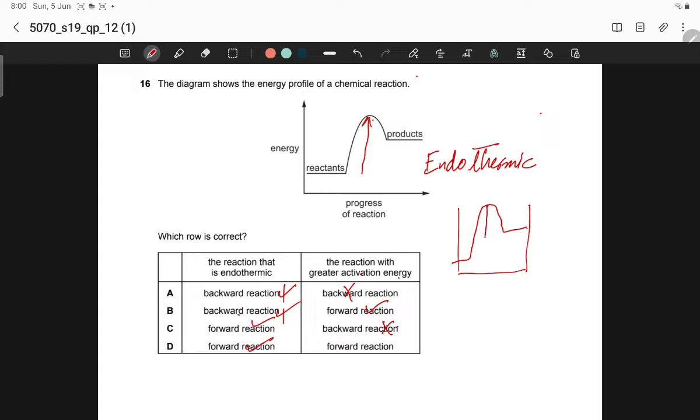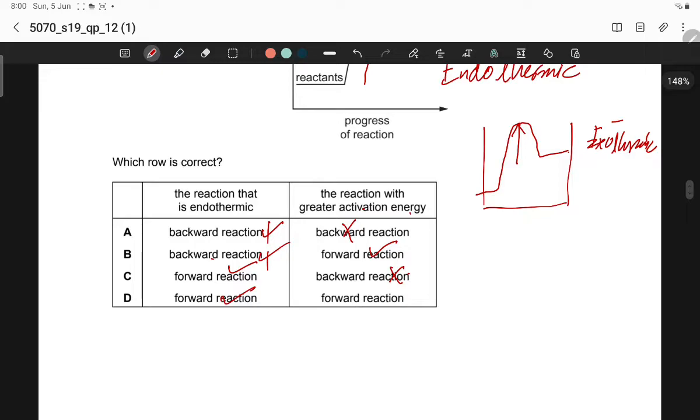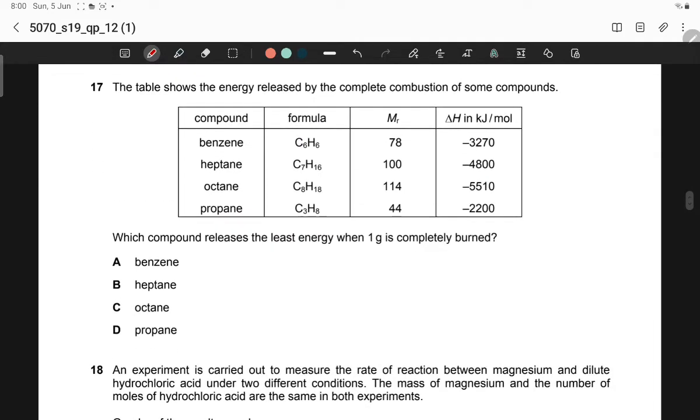This is the reverse reaction, an exothermic reaction. D option is correct.